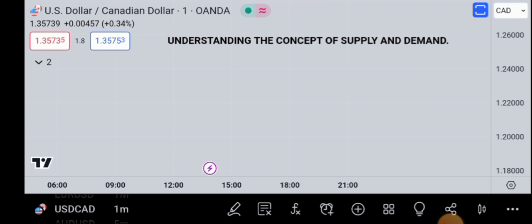The price that a buyer is willing to buy at is the bid price, and the price a seller is willing to sell at is termed the ask price. So supply and demand is the basic thing that affects the forex market. Without supply and demand, or without buying and selling, there won't be a forex market. I think I've buttressed more on that in our previous video.